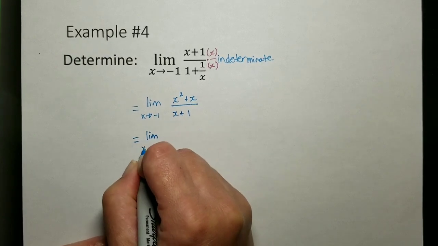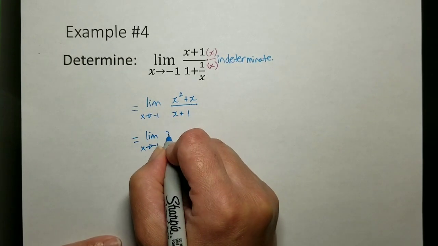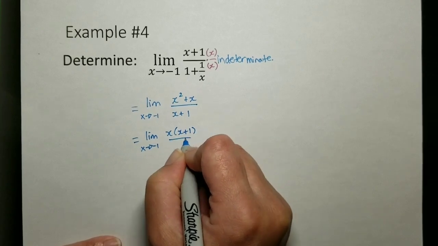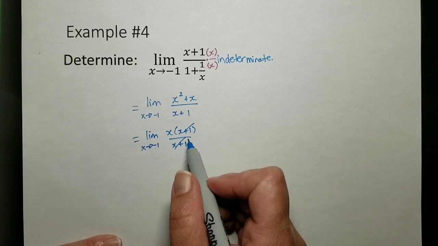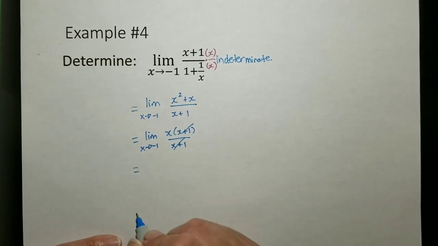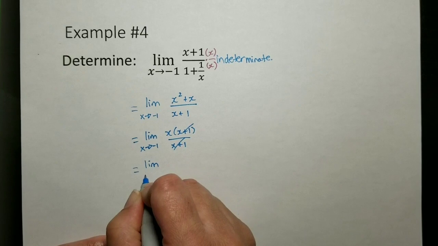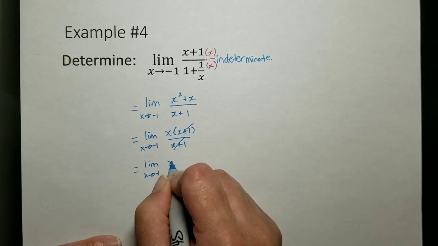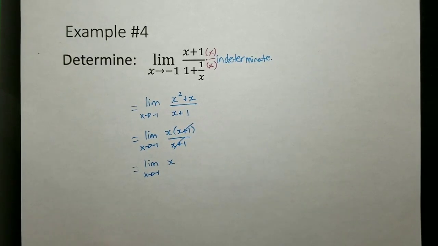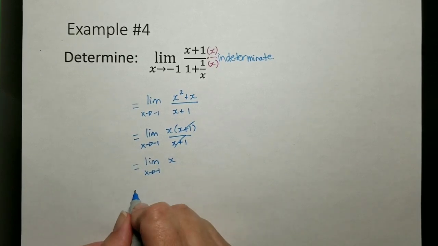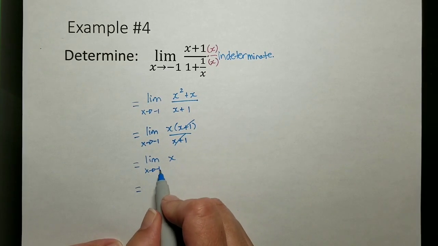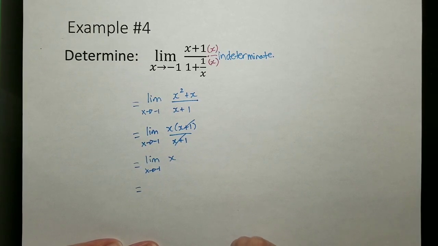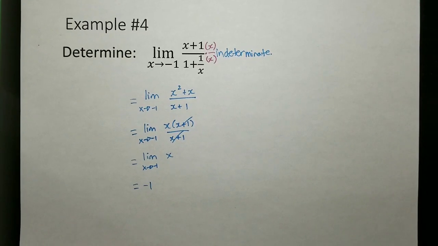So you may not have just a straightforward rational function, but now I see I can factor and reduce that. This would be a restriction on my original function, but it's not a restriction on the limit, because the limit isn't talking about the function actually equaling that point. It's just talking about what happens as you get closer and closer. So now, remember, I'm keeping this limit notation all the way along through my work until I'm ready to substitute in. And now that it's been simplified enough, I can just substitute in that -1, and I'm all done.